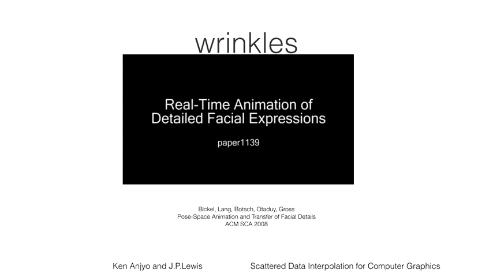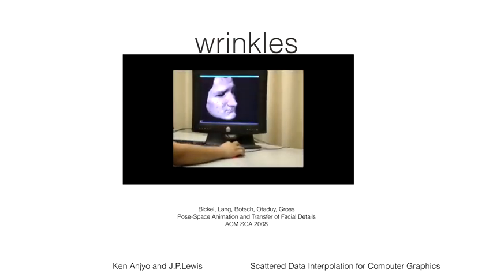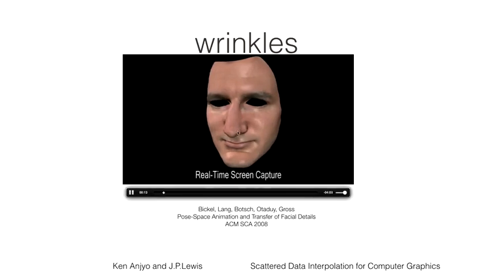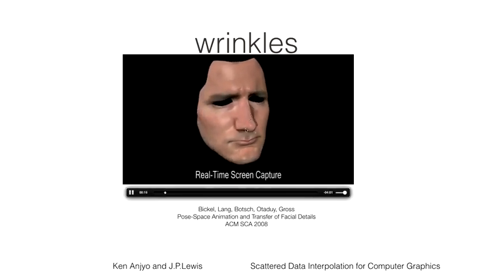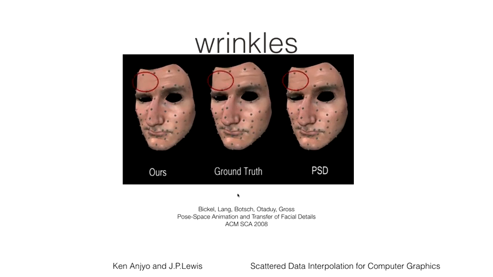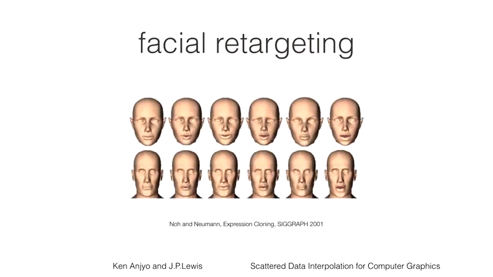So this is a 2008 paper in which Bernd Bickel and collaborators were learning to model dynamic wrinkles on a face. Facial retargeting is a very well-known problem now. One of the very first works on this was 2001 expression cloning, and it used scattered interpolation to transfer facial expressions from one model to another.